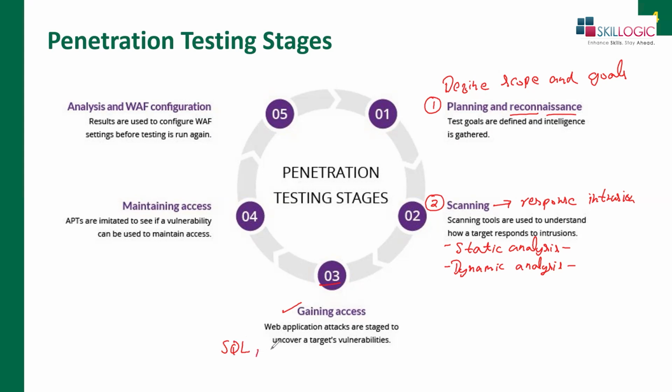We can use all these techniques to uncover the target's vulnerabilities. We can then try to exploit these vulnerabilities by stealing data or intercepting traffic to understand the damage that can be caused.